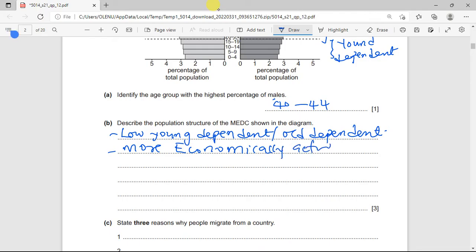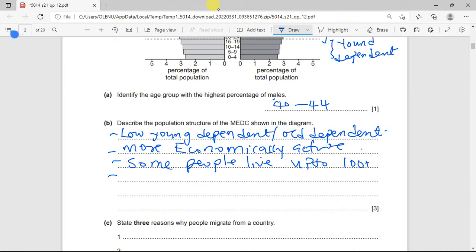And from here you can also tell that they have a low birth rate because of the few young dependent. Some people live up to 100 years, 100 plus years.